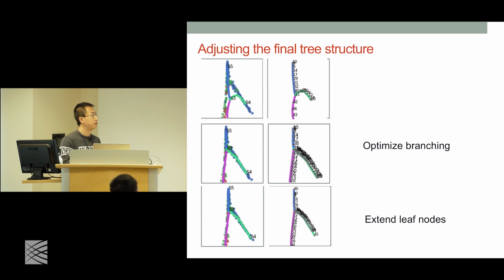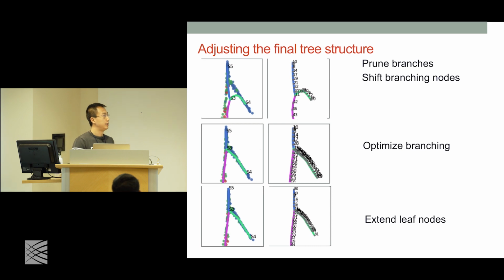We also have some extra steps like pruning the branches, where we can remove the branches without too many cells. And an important part is shifting the branching node. Because when we do structure learning, the branching node will fall in the center of the data points.